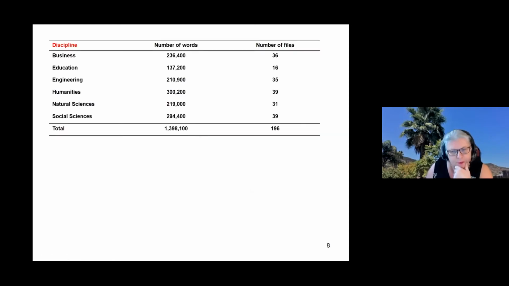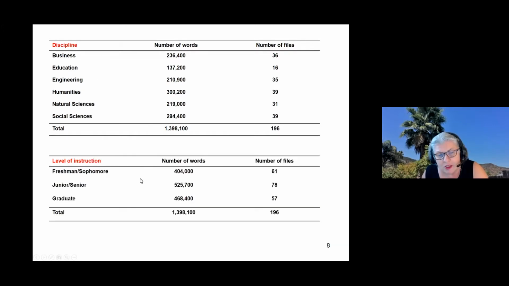The first part, as I said, is the 196 class sessions, 1.4 million words. And this is the distribution of the different disciplines. Pretty much the same number of files, except for education. I think I might have to add a few files to that area because it seems a little bit underrepresented.